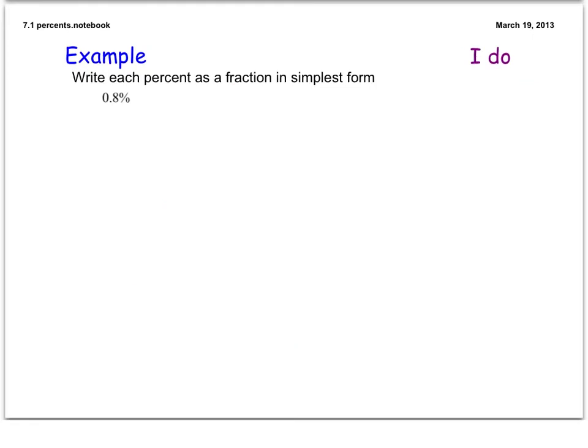Okay, now, this one is a little bit different from the ones we saw prior because this is 0.8%. So that percent word, okay, per 100, we're still going to write 0.8 over 100. Now the difference between this one and the ones before was this one has a decimal over a fraction.